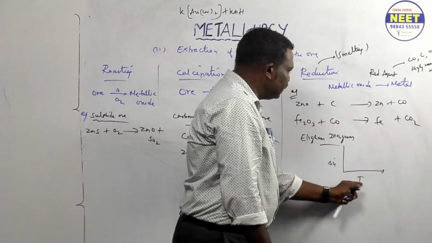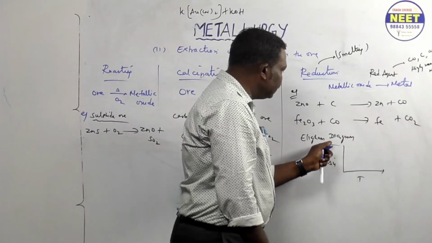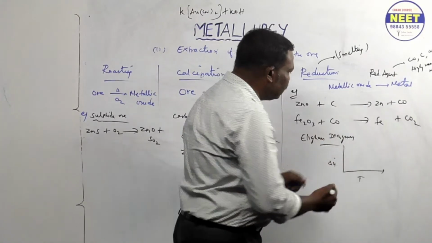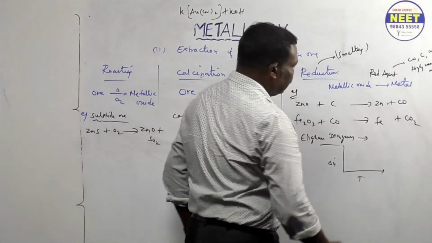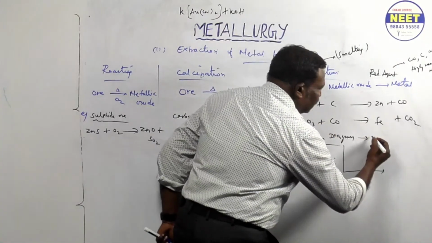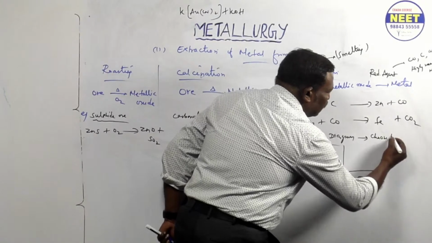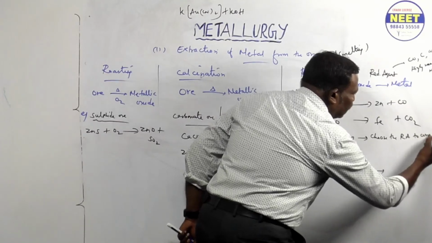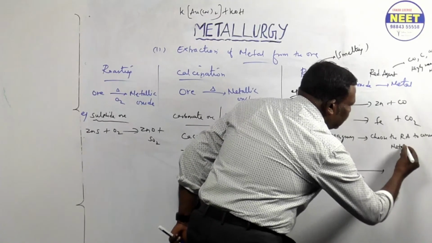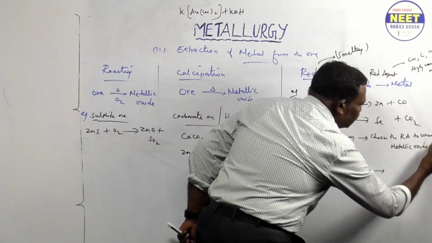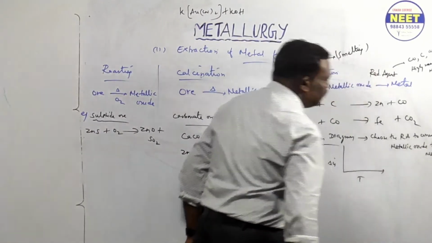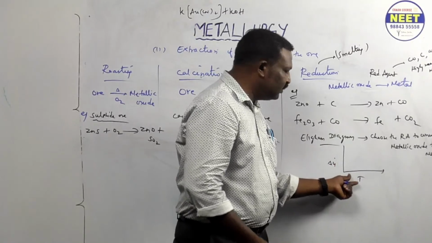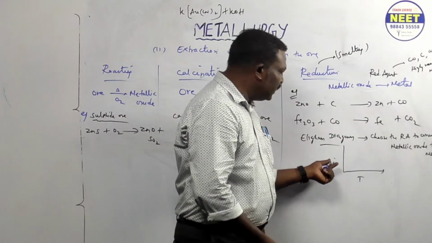From the graph only we can decide which kind of reducing agent to choose to convert metallic oxide into metal. That's the purpose for introducing the Ellingham diagram. In the Ellingham diagram, the graph is delta G naught versus temperature.